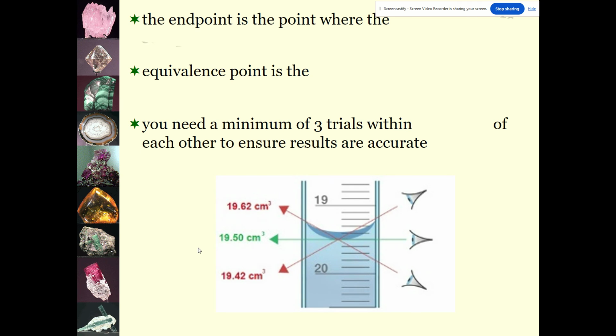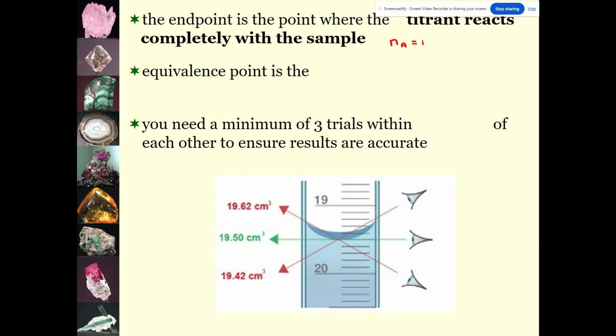Another way of saying this is it is when the moles of the acid equal the moles of the base. So my titrant has completely neutralized the sample. The equivalence point is the same point in the titration, but it is usually referred to the volume required of the titrant needed to reach the endpoint, okay?